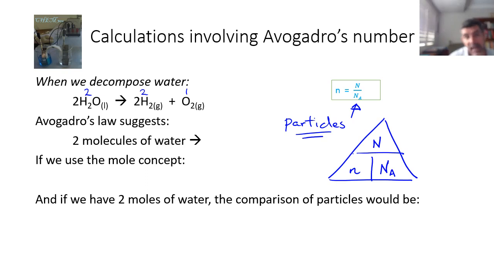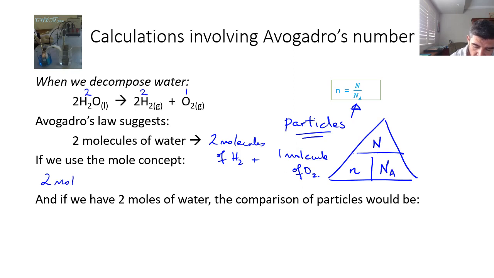If we were looking at it at a molecular level, then we would say every 2 molecules of water produces 2 molecules of hydrogen gas and 1 molecule of oxygen gas. And if we use the mole concept, 2 moles of water produces 2 moles of hydrogen and 1 mole of oxygen. And this obviously makes things much easier for us when we're doing our calculations later on.